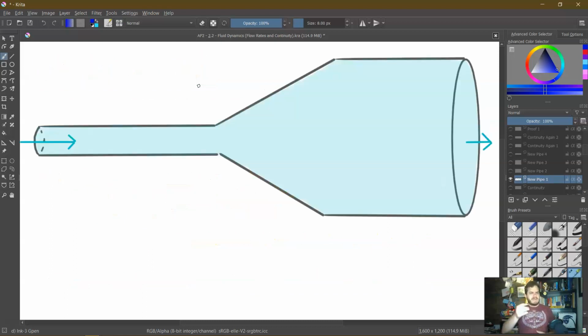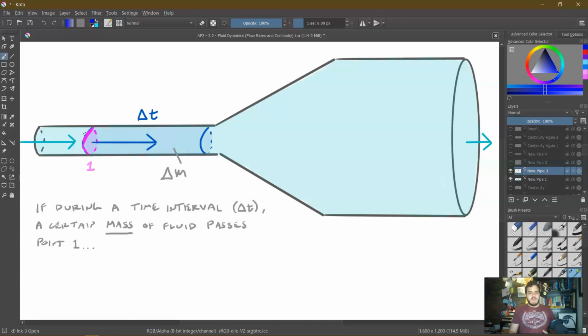But let's take this idea a step further. Let's look at this new pipe, and we can see that when the fluid is coming in, the pipe is fairly narrow, and then when we get to this point here, it widens out, and then exits the pipe when it is much, much wider. So let's go for the first step. Let's see that if we look here, we have some mass of fluid, some given delta M here, flowing past point 1 in some given time.